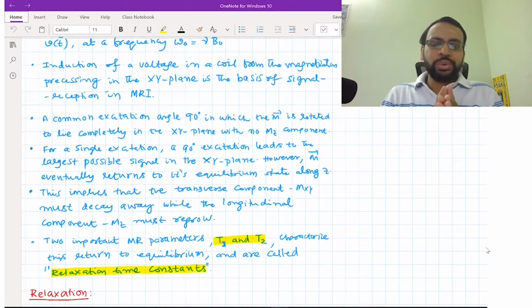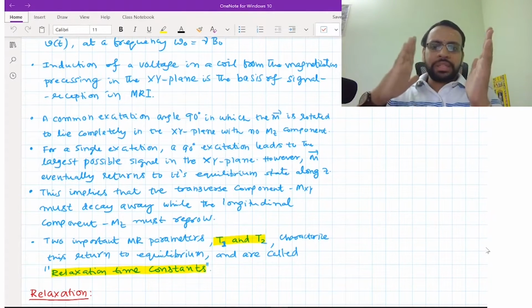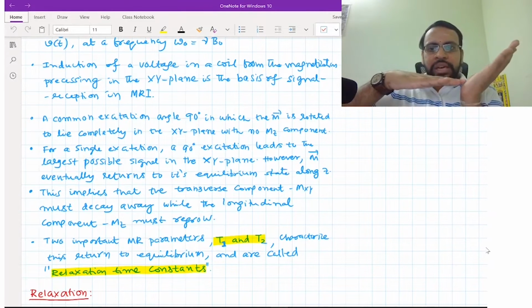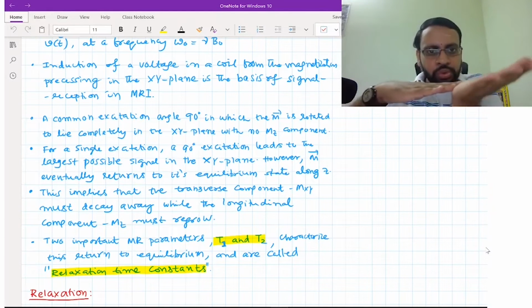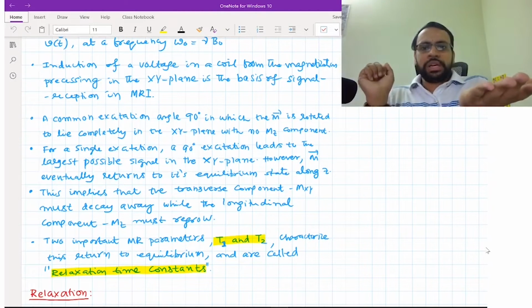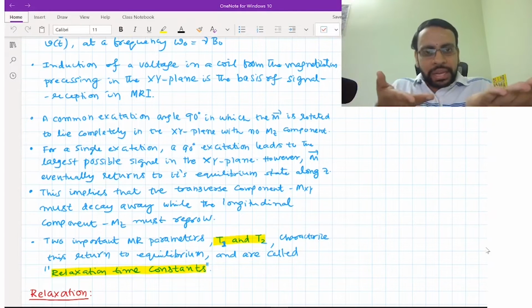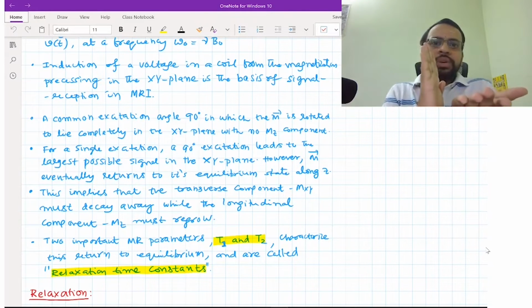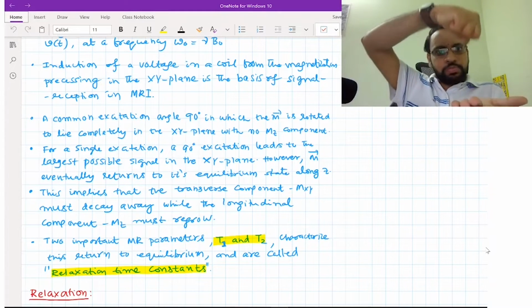Now we are going to look at what would happen once you apply this 90 degrees excitation field, bring your M into the xy plane, and then withdraw your signal B1 that you were applying in the xy plane. Only the external high magnetic field in the z direction remains, so you could think of it as a force trying to pull it up.